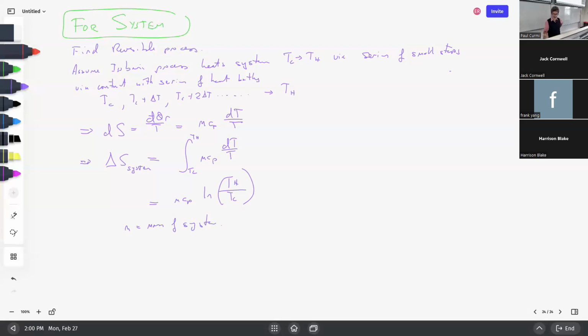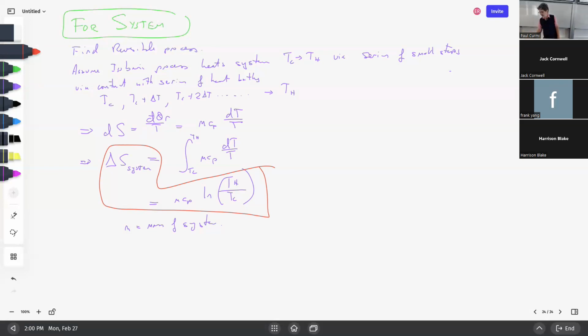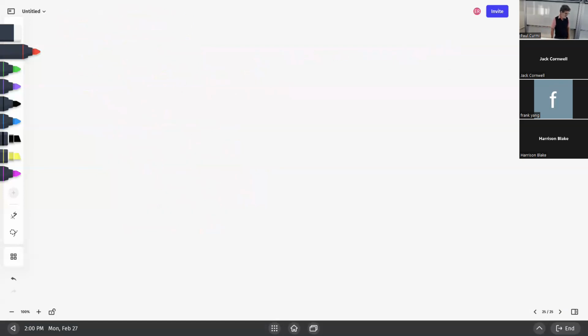So this is the equation I wanted. All it knows is that heat's come in. I've let the heat come in in very small steps by millions of little baths, but it doesn't care about little baths. I just use them to do my calculation.